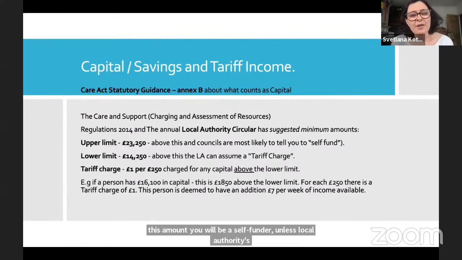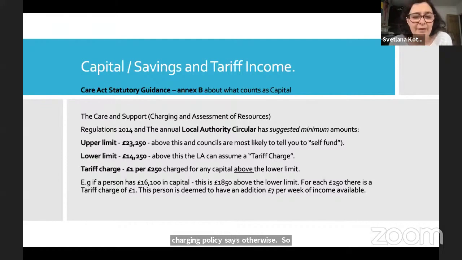So you will effectively be asked to pay for your care in full until your capital falls below that amount. Then there is the lower limit, which is £14,250. All the savings or capital below that will be disregarded.